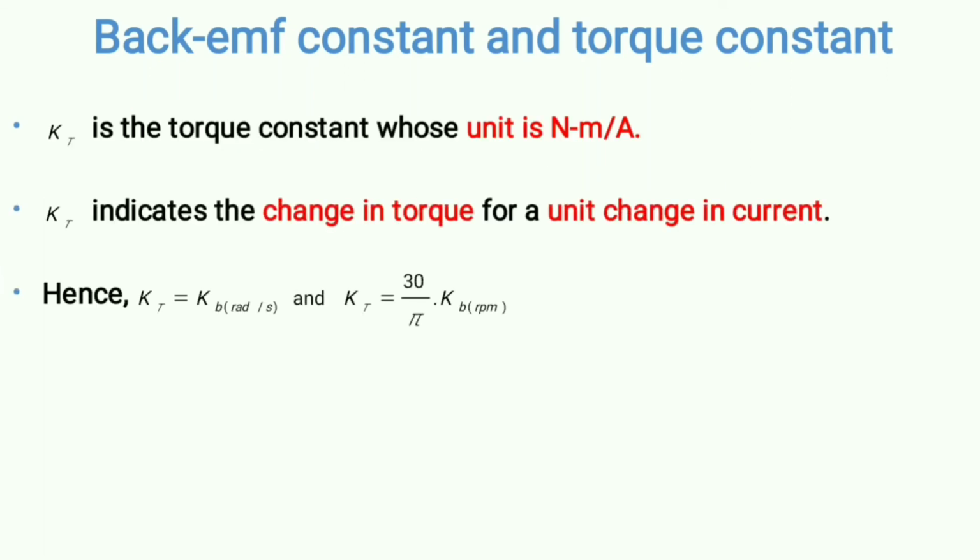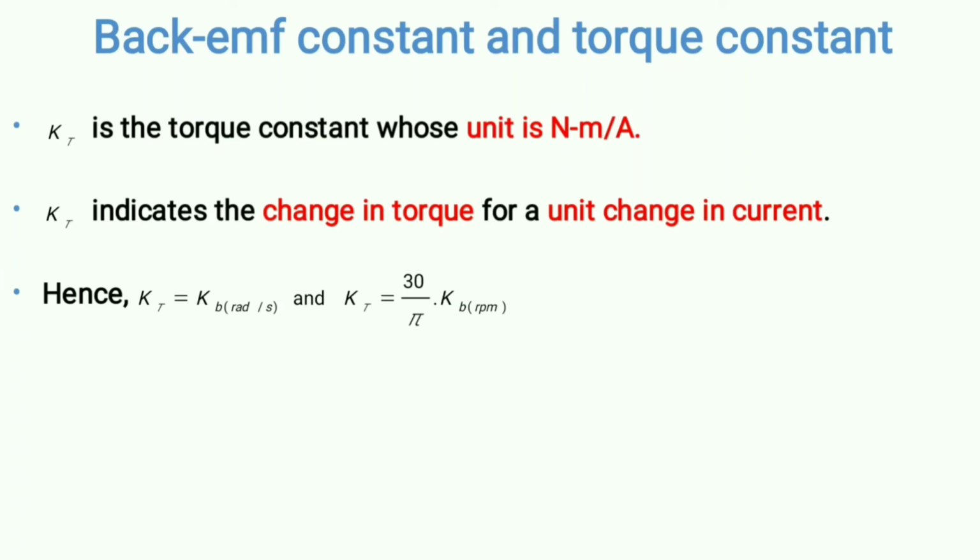So if you relate, you will get this expression. Torque constant is exactly the same as the back EMF constant in radian per second, but the torque constant is not the same as the back EMF constant in case of RPM. Rather, KT, that means torque constant, is equal to 30 by pi multiplied with KB RPM.